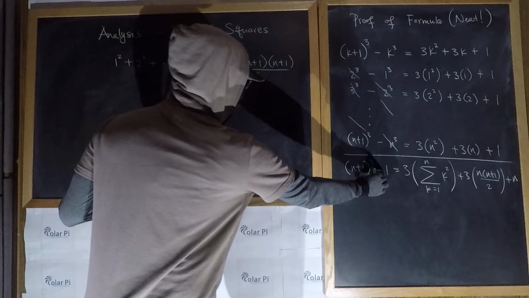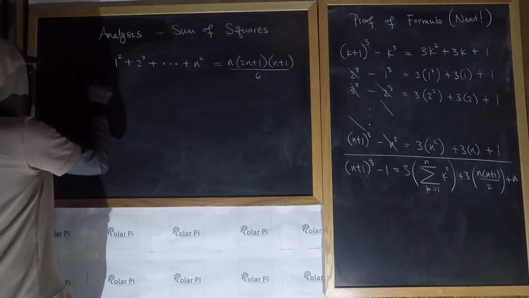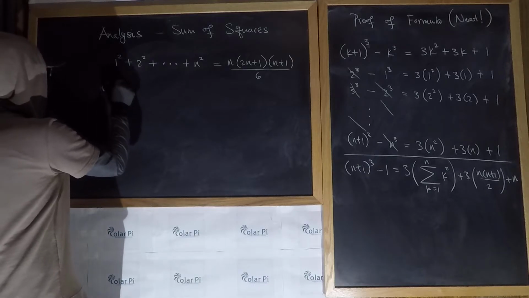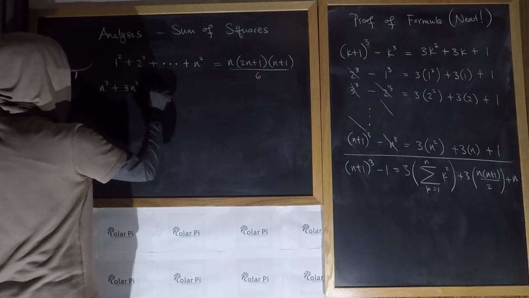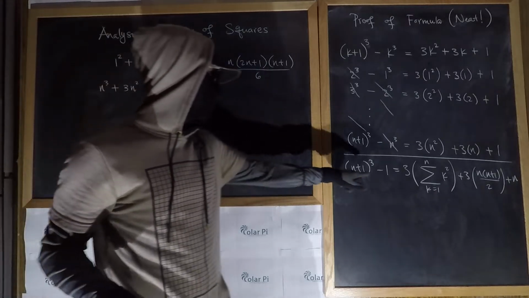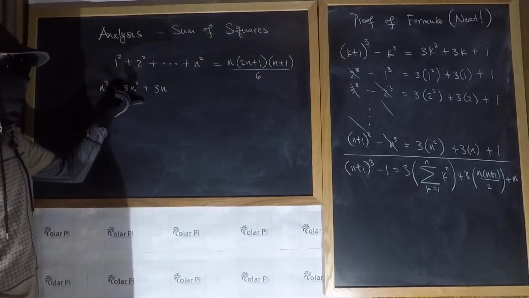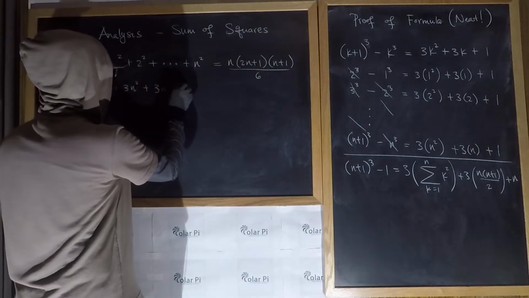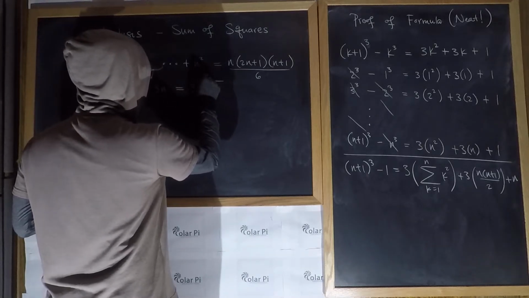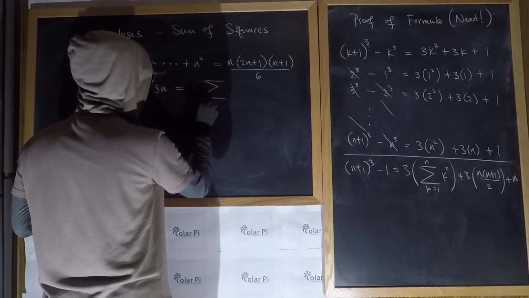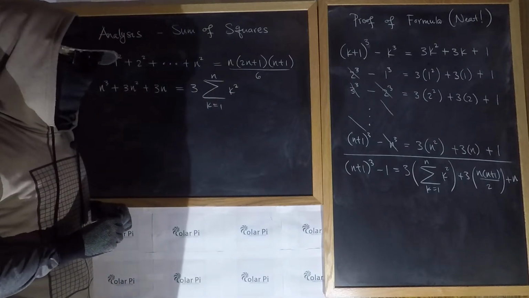Well, what is this here? The left-hand side, n plus 1 cubed minus n is n cubed plus 3n squared plus 3n, and then it would have been plus 1, but there's this minus 1. So this here with the minus 1 is just this, and this equals, on the right hand side we have 3 times the sum from k equals 1 to n of k squared, right?